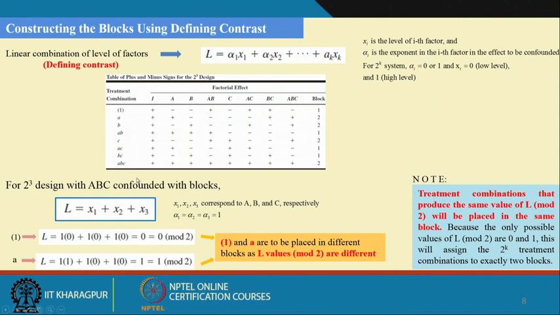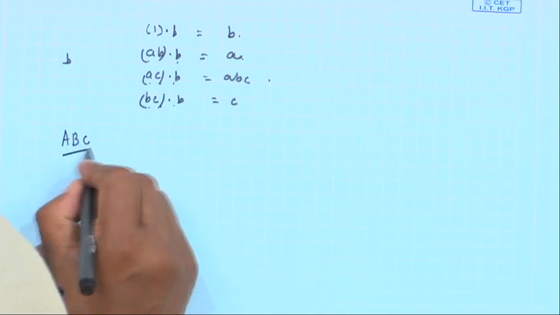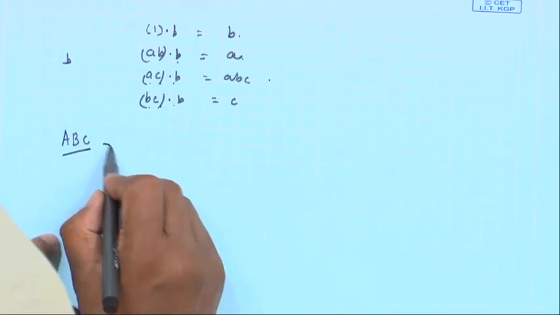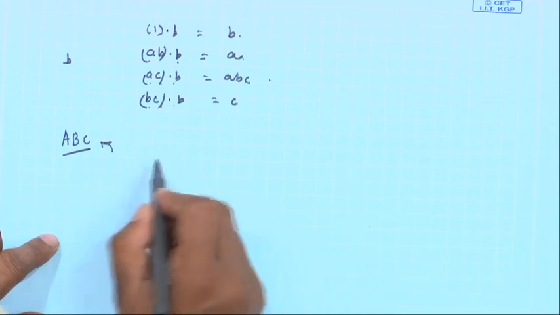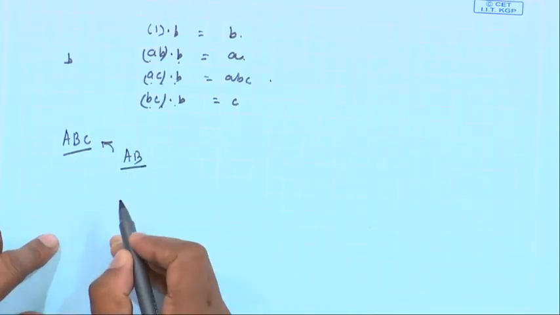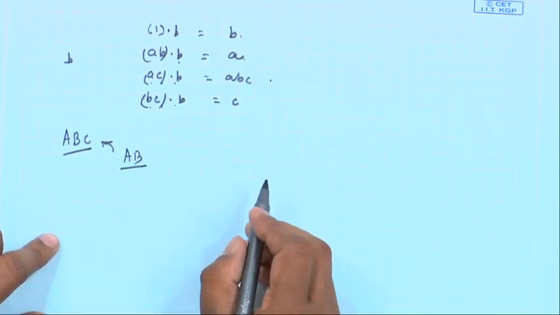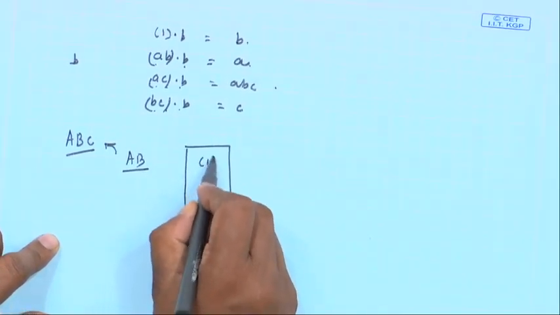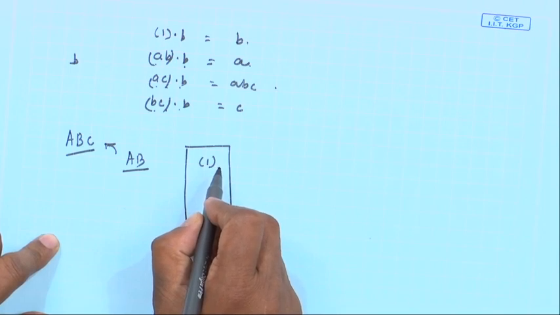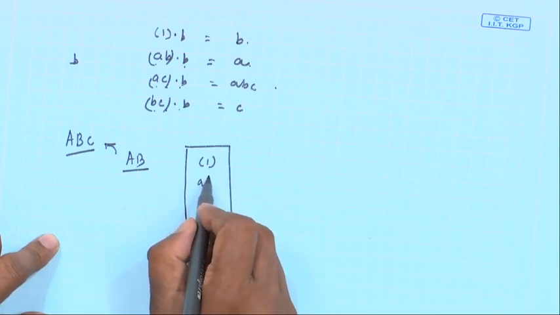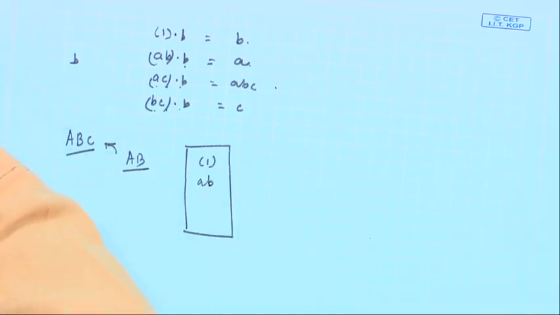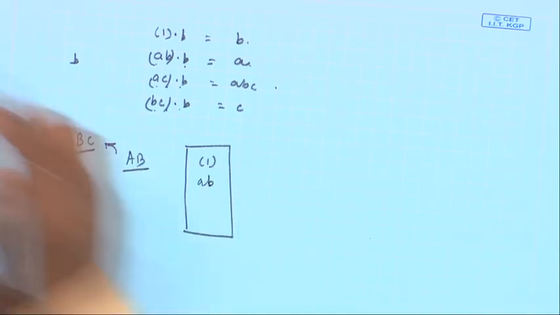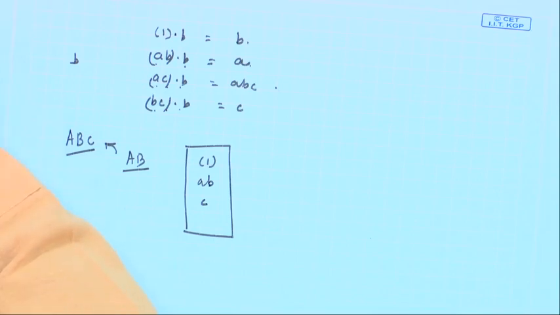So essentially what I mean to say here is, instead of ABC, if your effect to be confounded with block is AB, then the principal block will contain 1, then AB, then C, and then ABC.